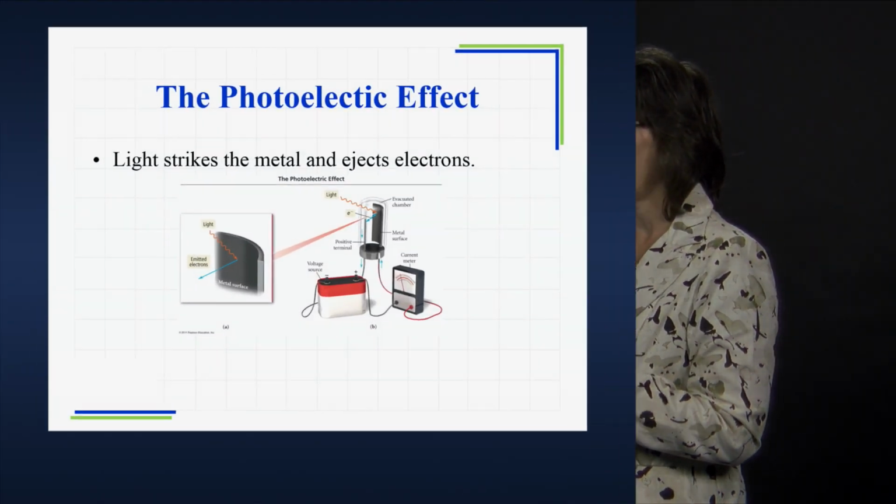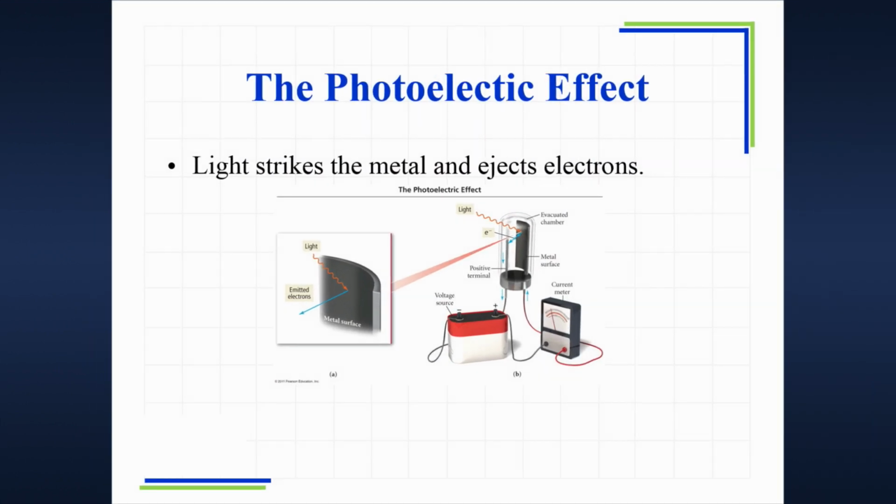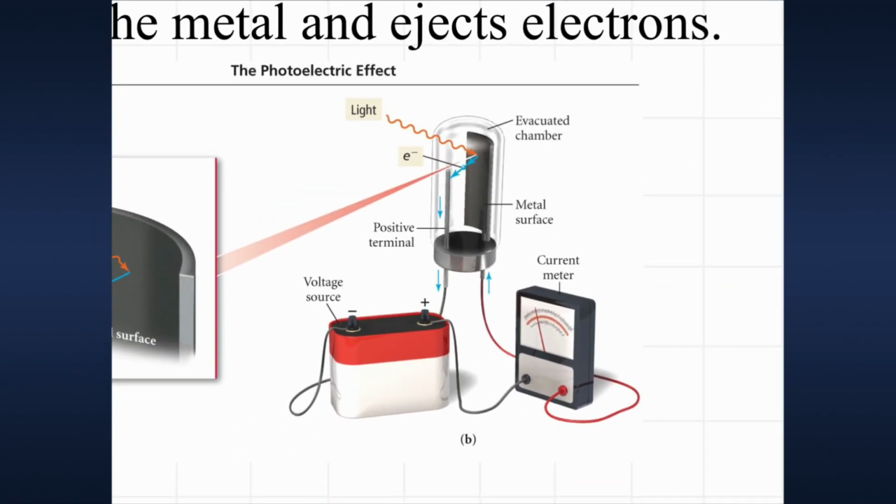So let's examine what's happening here. Here is our apparatus. Let's zoom in on our apparatus. We have a metal plate in a glass chamber that's evacuated. They've taken all the air out. It is hooked up with electrodes to a battery, and we have a meter that can measure the current flowing through this wire. Here's what this experimental setup was.